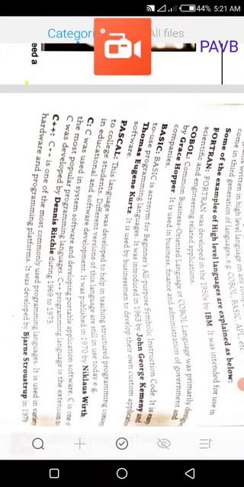It was developed by IBM company in the year 1950. It is used for scientific and engineering related applications. Once again, Fortran stands for formula translation. It was developed by IBM company in the 1950s. It is used for scientific and engineering applications.